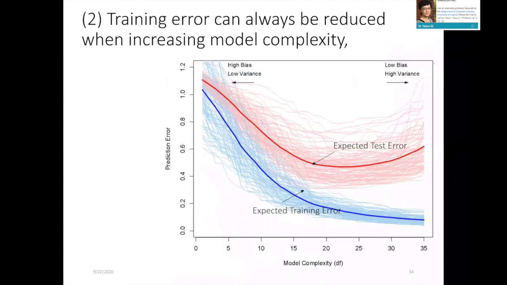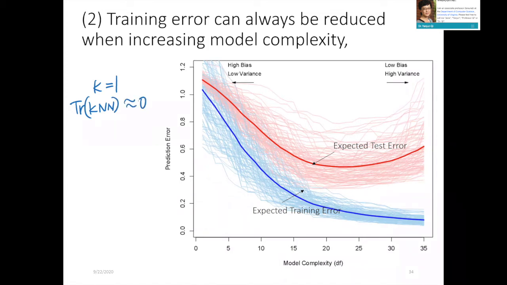Next, training error can always be reduced when increasing the model complexity. I already told you this, so it's very clear. When k in k-nearest neighbor is small, k equal to 1, the training error is in fact close to 0.